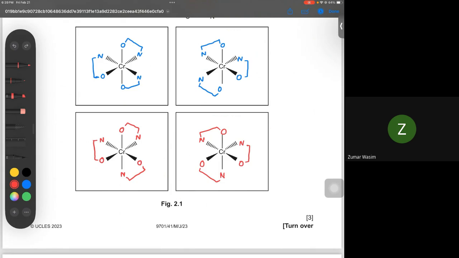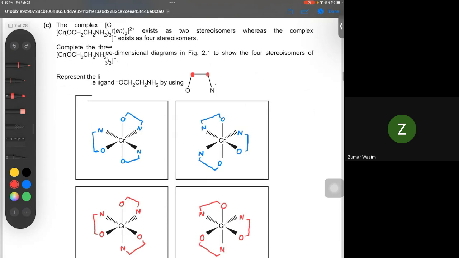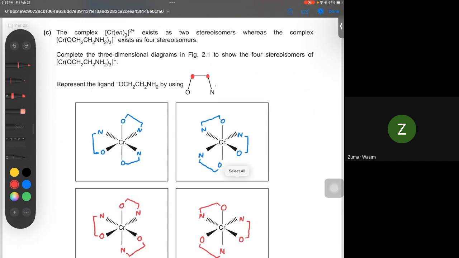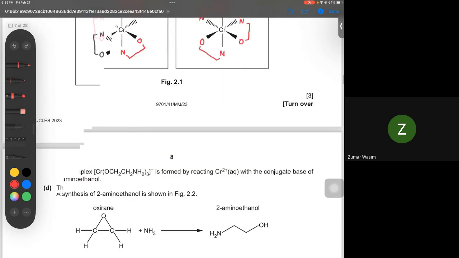Since this is an octahedral shape, obviously in the question they have told us to show the four stereoisomers. So you have different options to draw different structures. That's the reason I have drawn these structures.